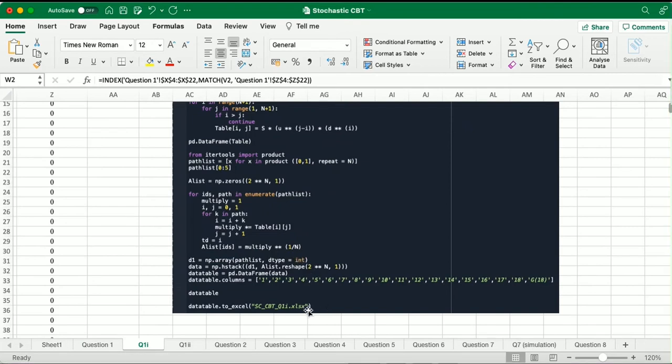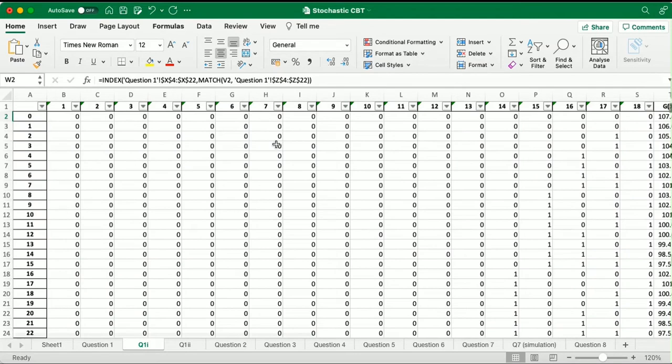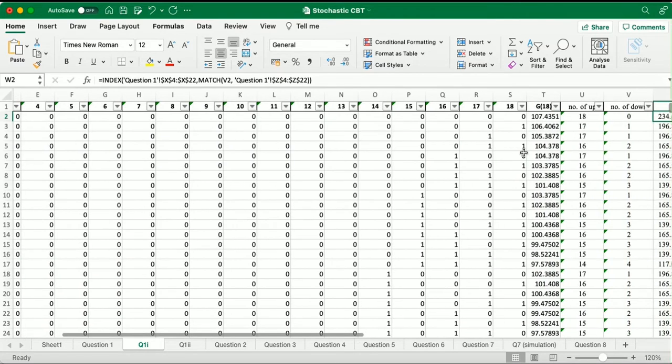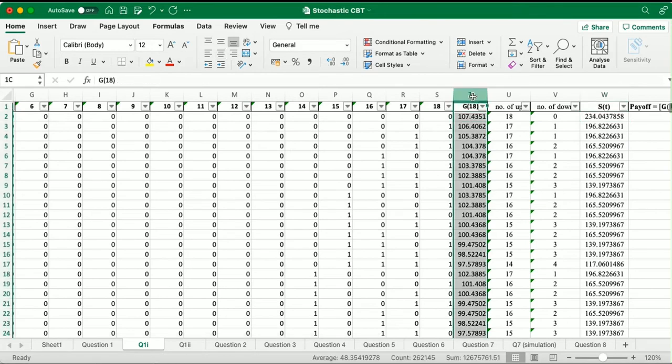And then we extract the output into a separate Excel file before copy-pasting it into a new sheet here for easier reference. So we calculated the geometric average values in column T.